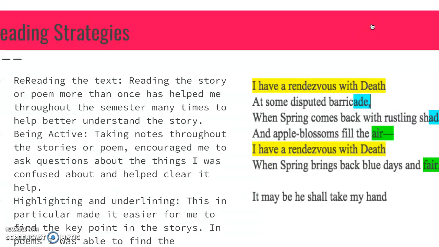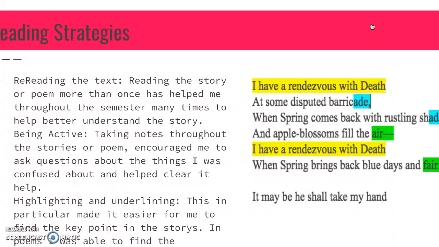We also were taught different reading strategies that helped me on my assignments throughout the semester each week. Three strategies that helped me were rereading the text, being active, and highlighting and underlining. This specifically helped me during our poem section.